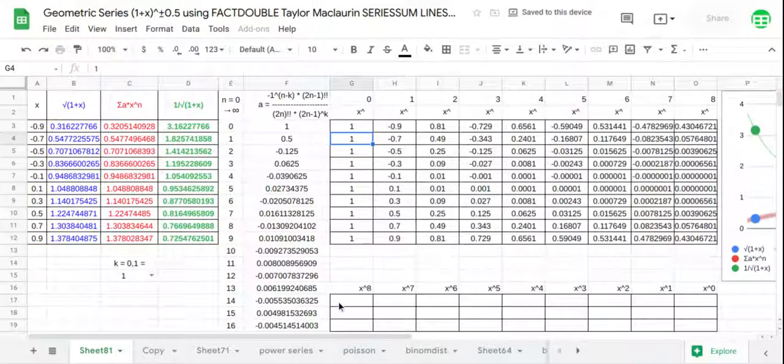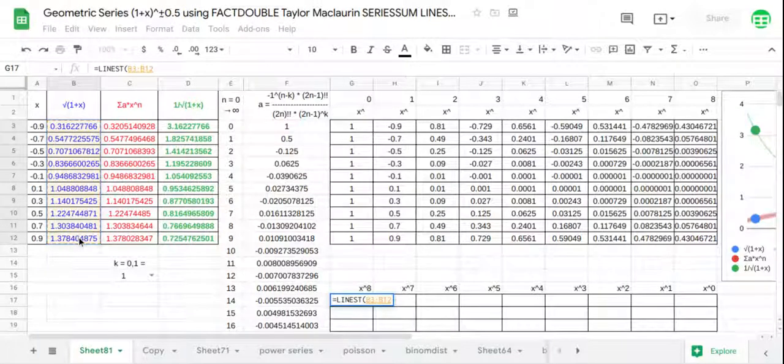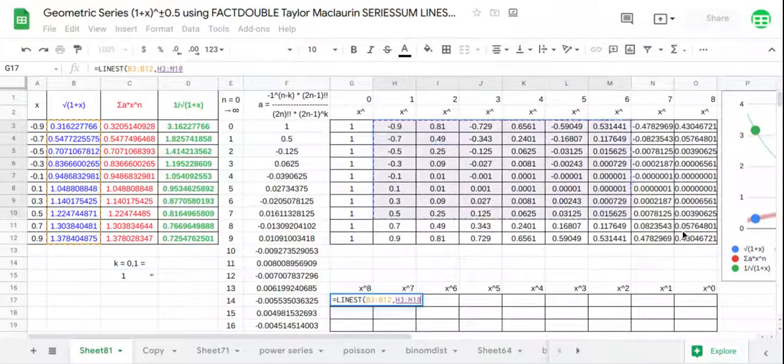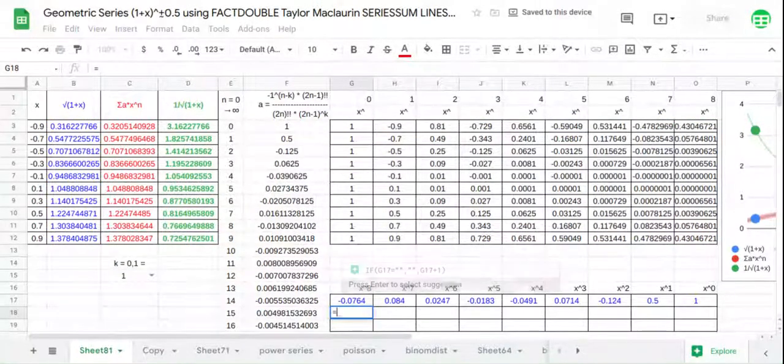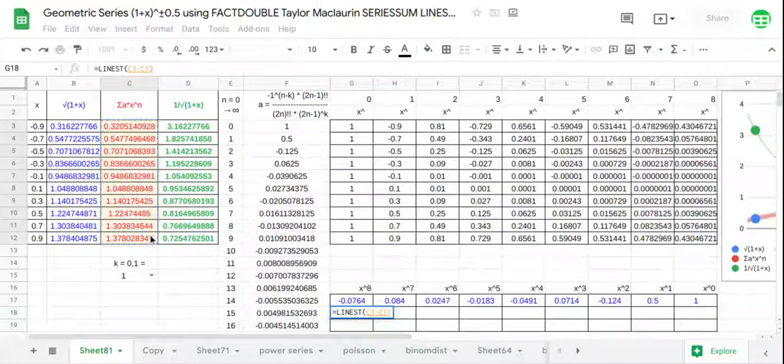Now we can use Linest, starting with the square root of 1 plus x, so Linest dot y and dot x. Then the expansion, Linest dot y and dot x.